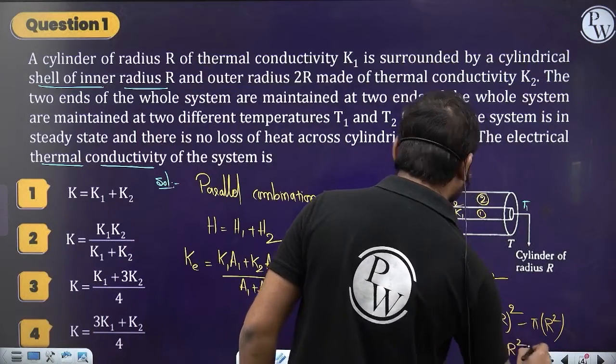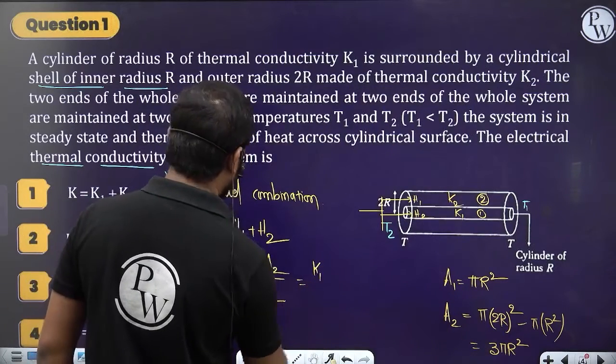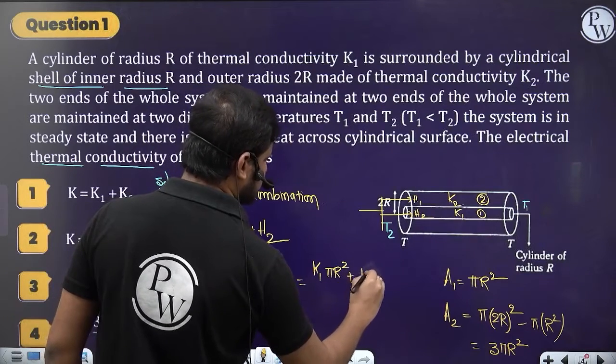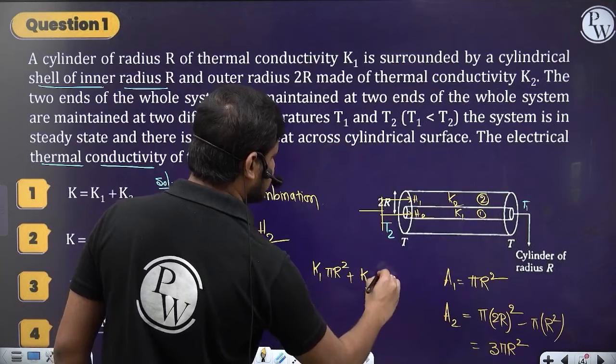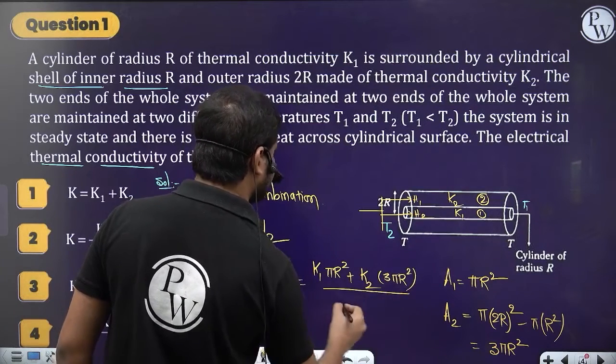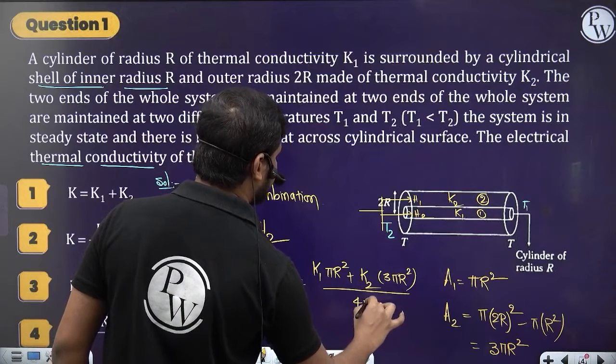So now substitute the values. K1 is K1, A1 is pi r square, plus K2 is K2, A2 is 3 pi r square, by A1 plus A2, which is pi r square plus 3 pi r square, which is 4 pi r square.